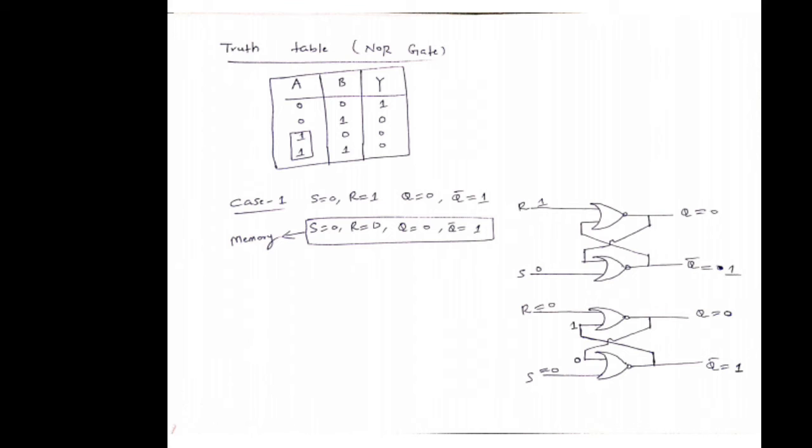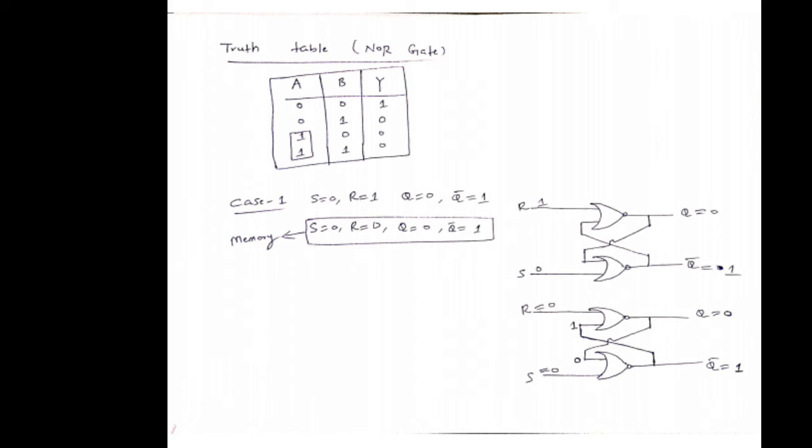I have to check this NOR SR latch with these cases, and in every case I have to check, for example with S equal to 0 and R equal to 0, whether the previous output is the same or not, because our ultimate aim is to store a single bit binary number, whether it is 0 or 1.